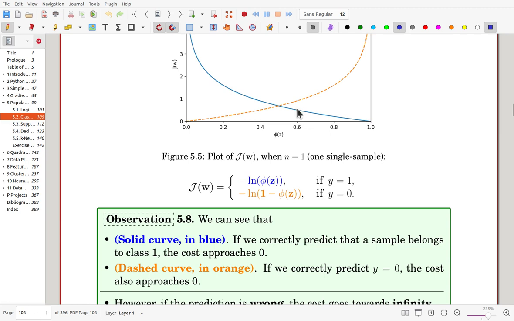The minimum value happens when phi(z) is 1. The other case can be considered similarly. Once y equals 0 and the prediction is wrong, then the cost function is very large, so that the algorithm will push until eventually the probability goes down to 0.